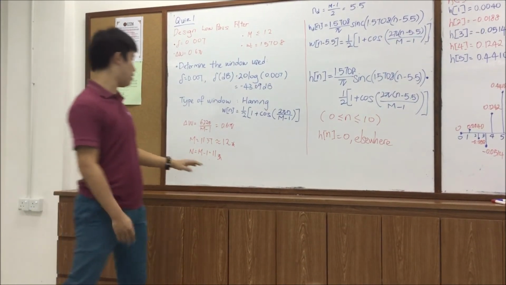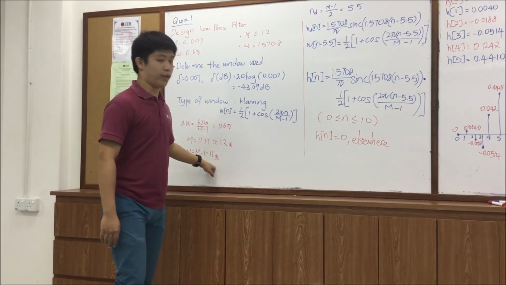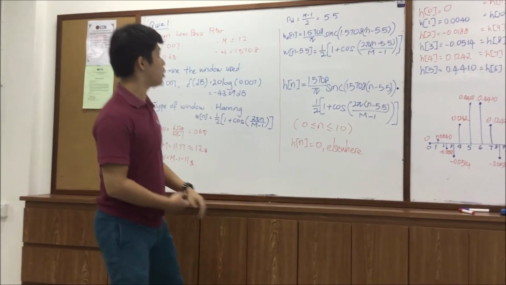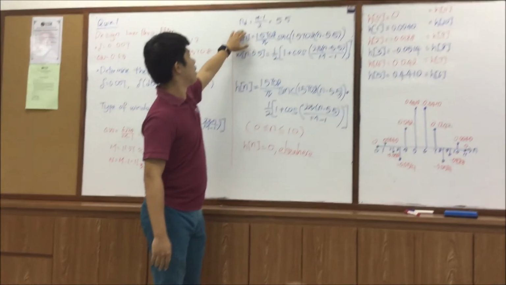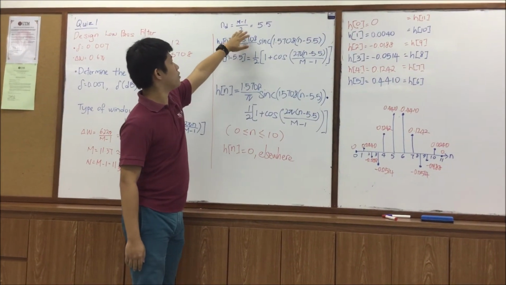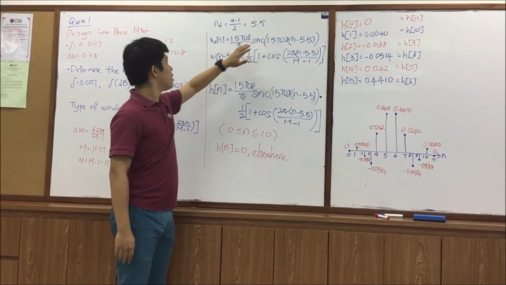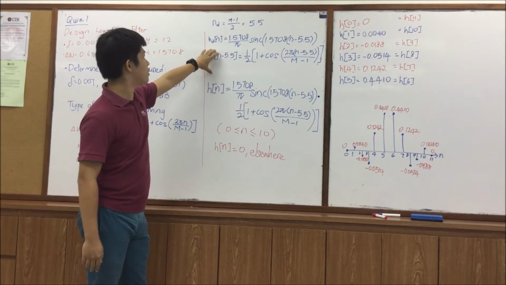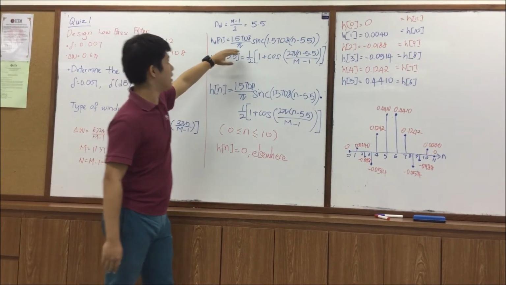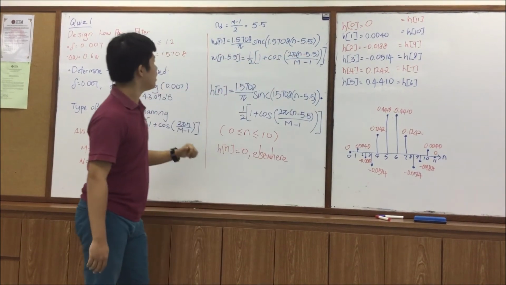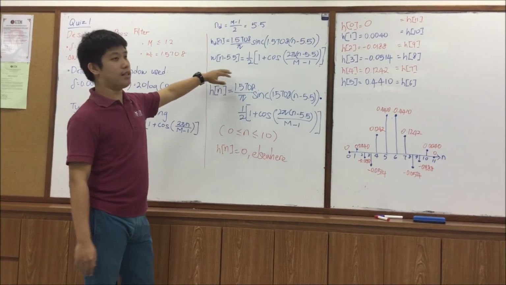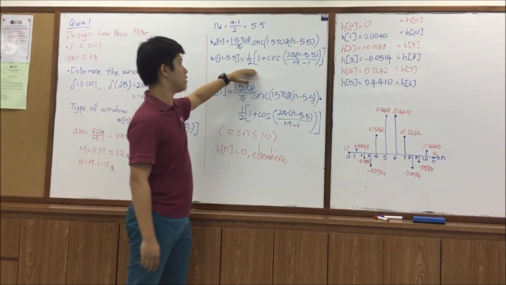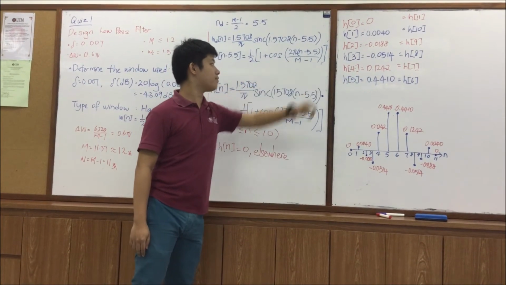So now we have all the requirements that we need for our equation. So we find our ND. ND is N minus 1 over 2, so it's 5.5. So we can get our Hdn like this. And then for our n, we also need to minus 5.5, so we get a new equation like this.